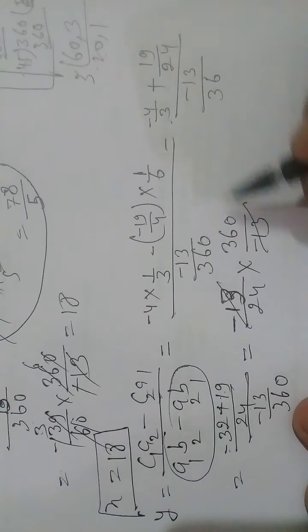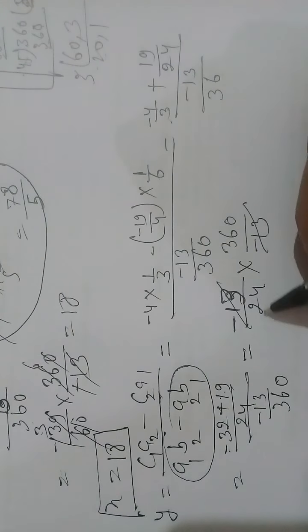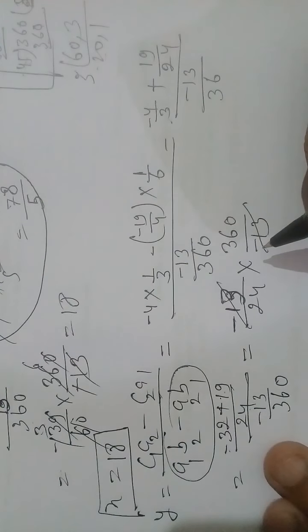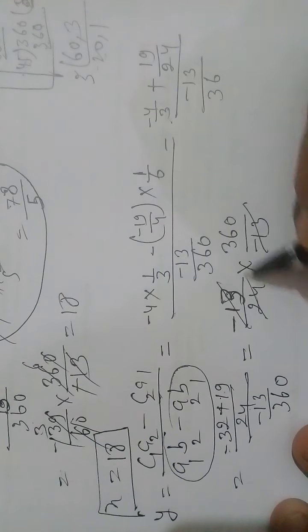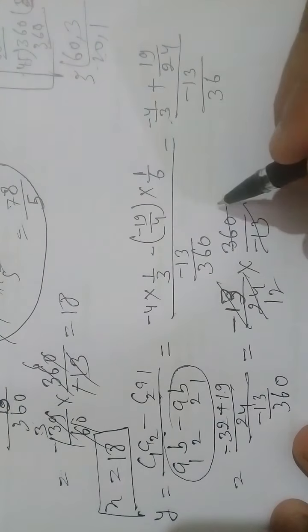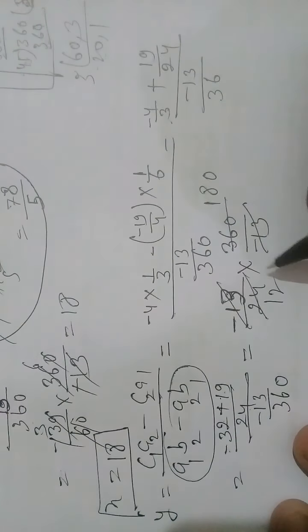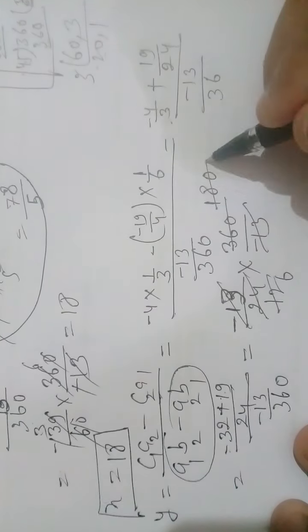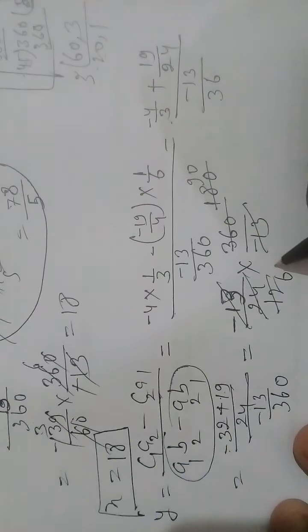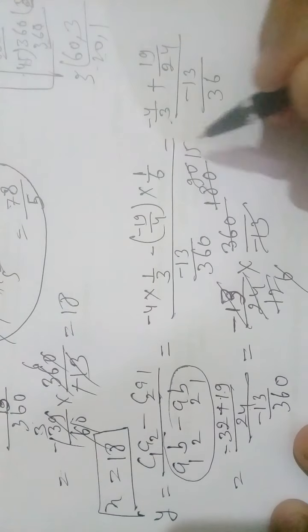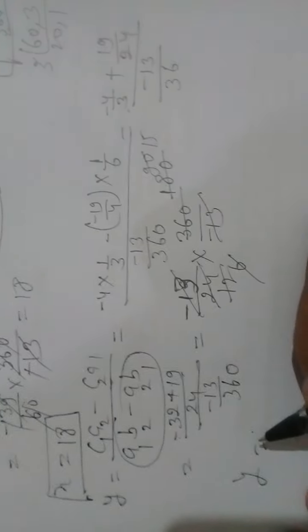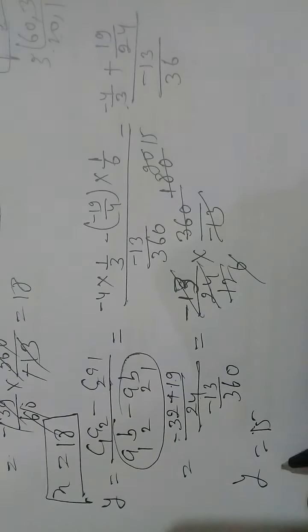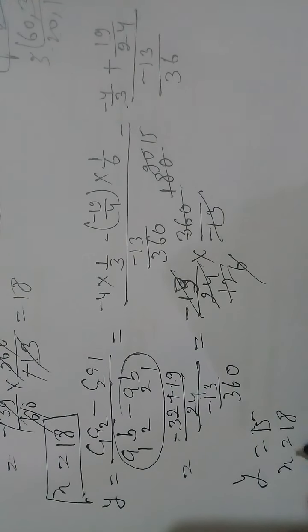Cancelling 13, and then 24 and 360 simplify to 15. It means y is equal to 15 and x is equal to 18.